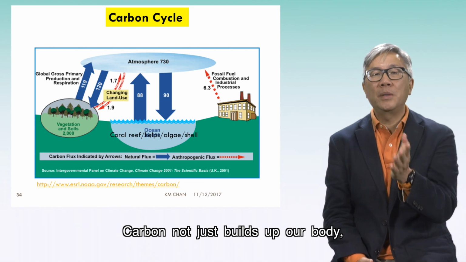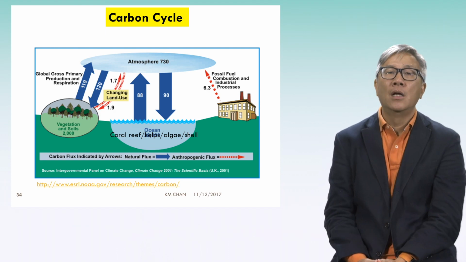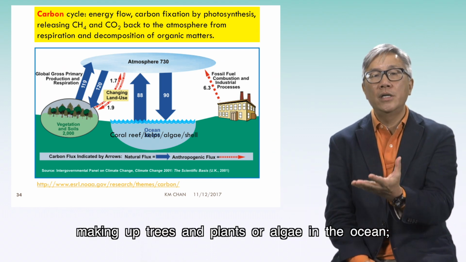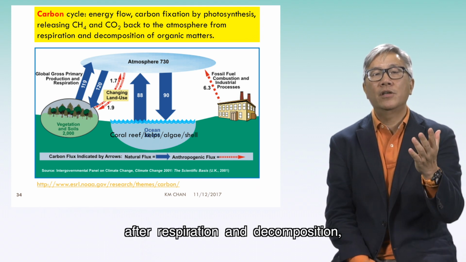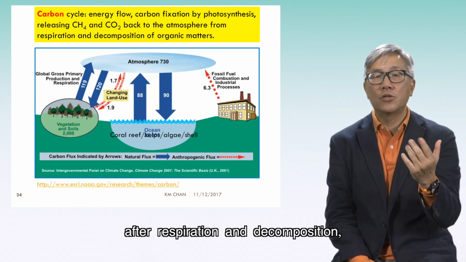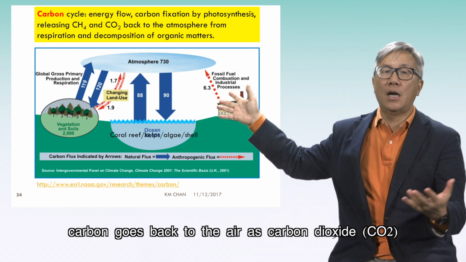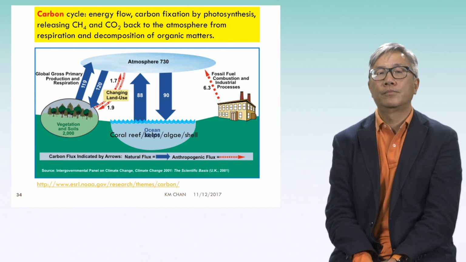Carbon not just builds up our body, it also transfers a huge amount of energy. Carbon fixation is done by photosynthesis, making up trees and plants or algae in the ocean. After respiration and decomposition, carbon goes back to the air as carbon dioxide, CO2, and methane, CH4.